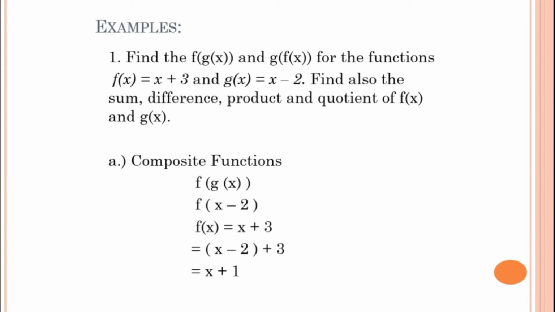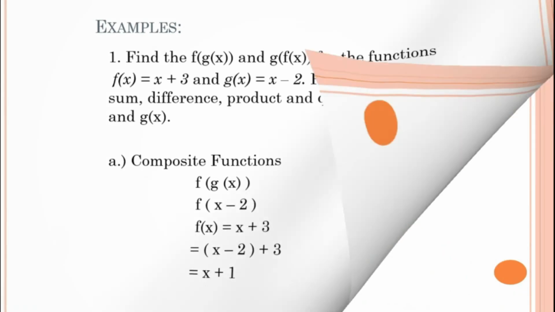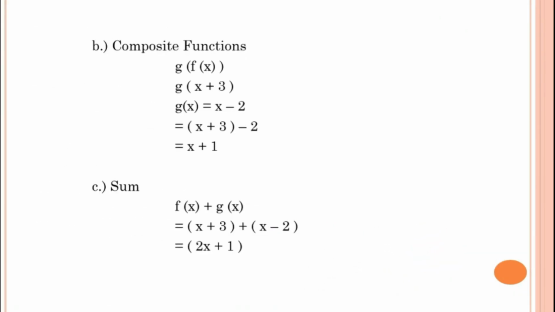In order to solve for f of g of x and g of f of x, we need to use the formula for composite functions. In solving f of g of x, we are just going to substitute the value of g of x into f of x. To solve for g of f of x, we are just going to substitute the value of f of x into g of x.